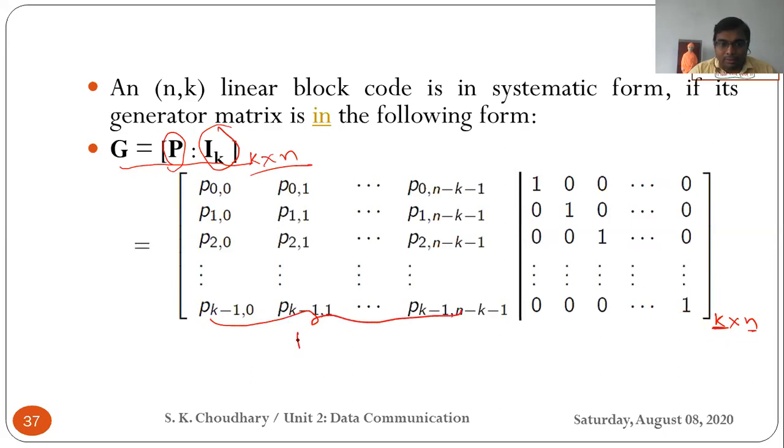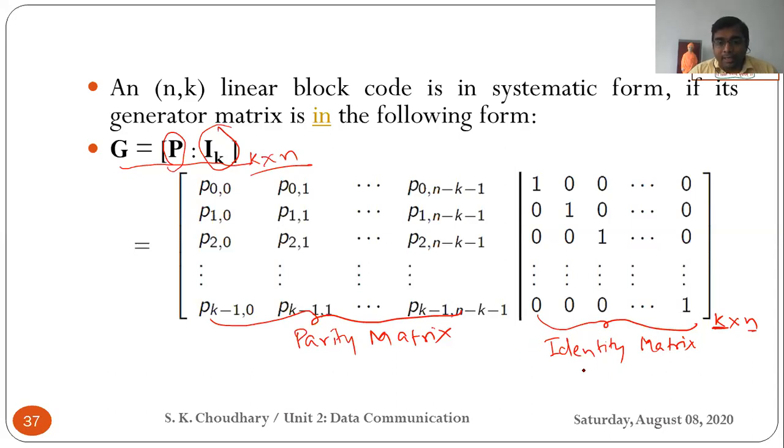This is called the parity matrix, and this is called the identity matrix. Note it down, all this information is very important: identity matrix and parity matrix.